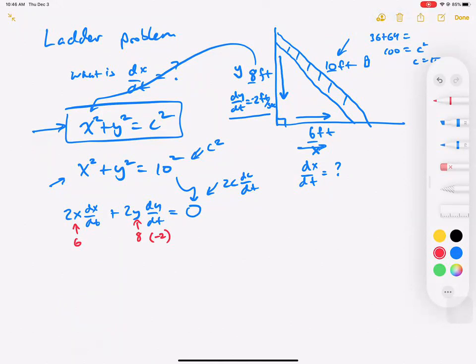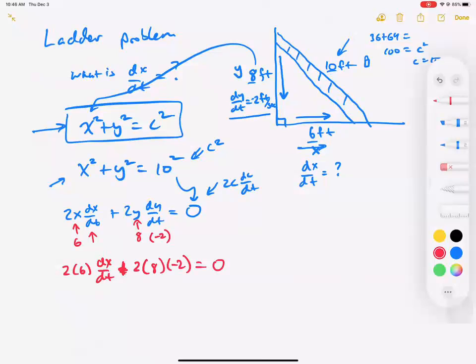The only thing we don't know is what we're solving for, dx dt. So this becomes an algebra 1 problem now. The right side is 0. So if I rewrite this, this is going to be 2 times 6 dx over dt plus 2 times 8 times negative 2 equal to 0.